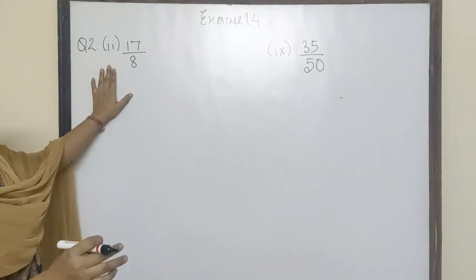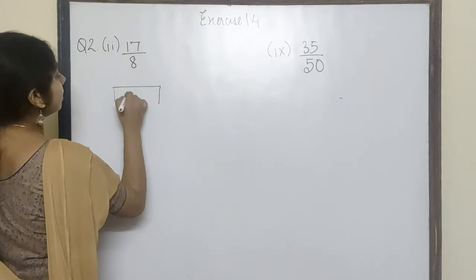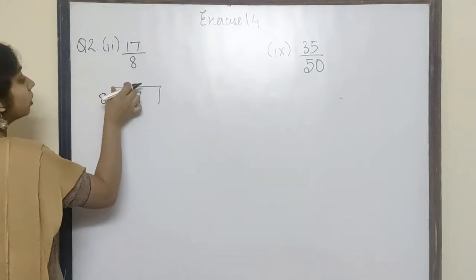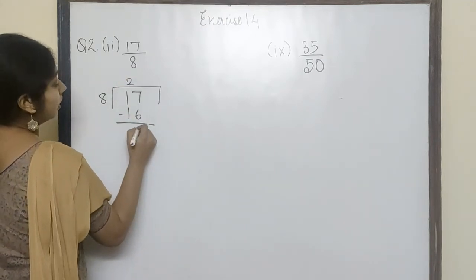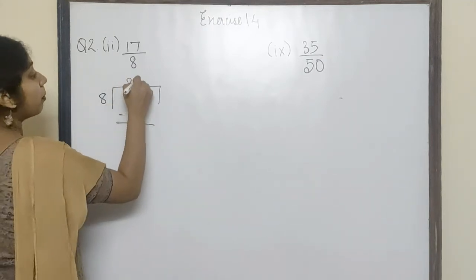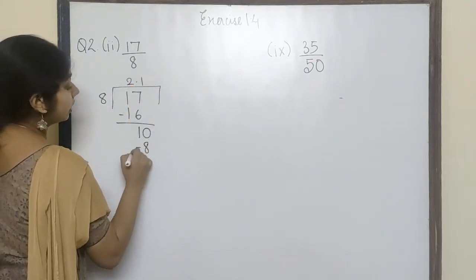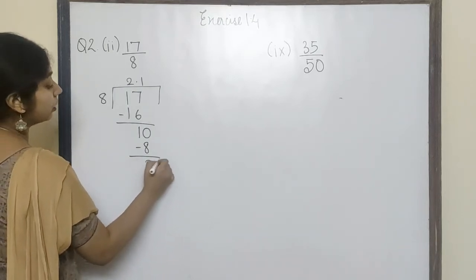So over here we're going to solve 17 upon 8 by the division method. Alright, this is number 17 and this is number 8. Now 8 2s are 16. 1 will be the remainder, 0.0. 8 1s are 8. 10 minus 8, we get 2, bring down 0.